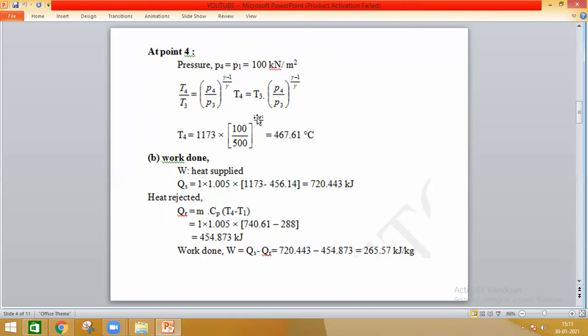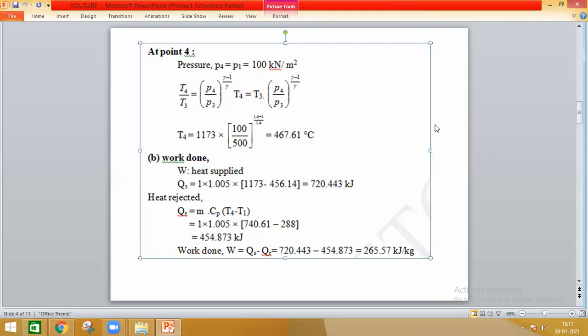You might have studied, or else you will be studying that. Therefore, T4 is equal to T3 into P4 by P3 to the power of gamma minus 1 divided by gamma.